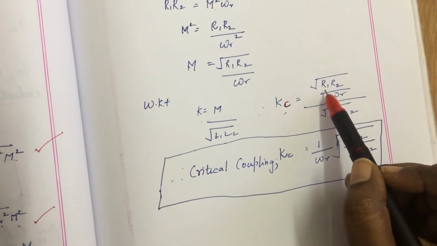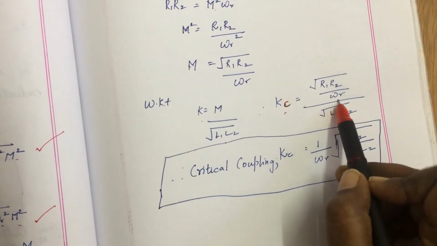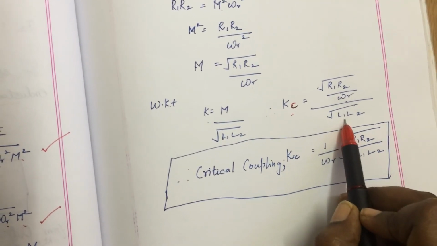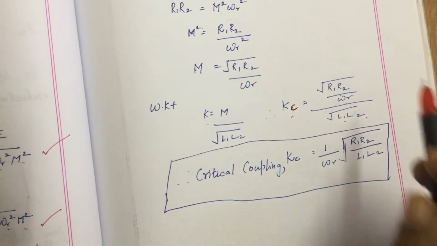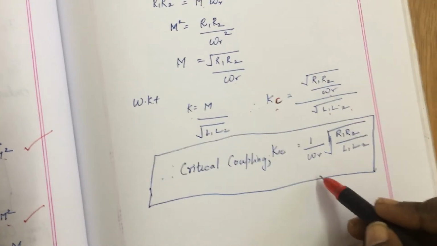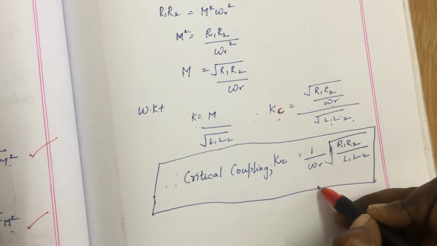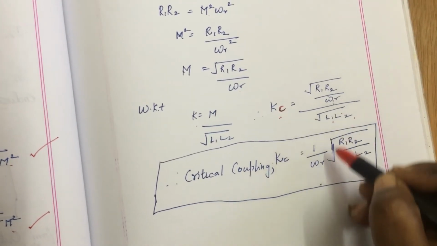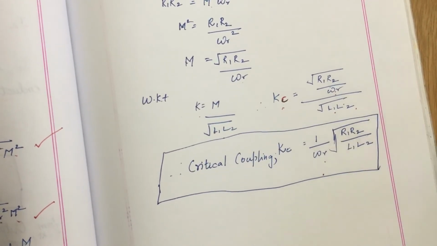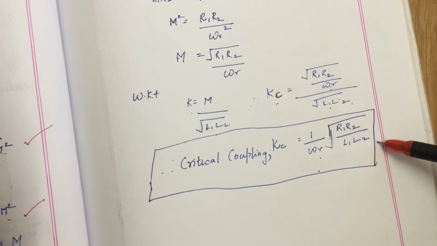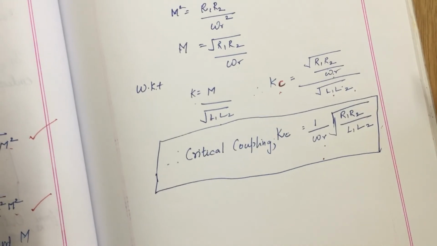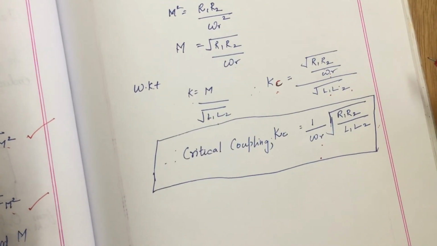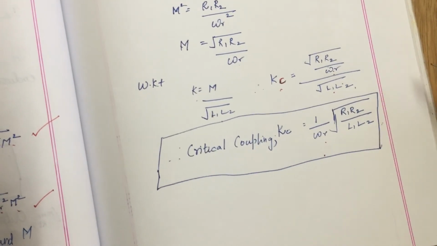So root of R1 R2 divided by omega R, divided by root of L1 L2, is my critical coupling. From here my equation can be rewritten as critical coupling K is equal to 1 by omega R, root of R1 R2 divided by root of L1 L2. So this is how we have obtained the critical coupling for this condition.